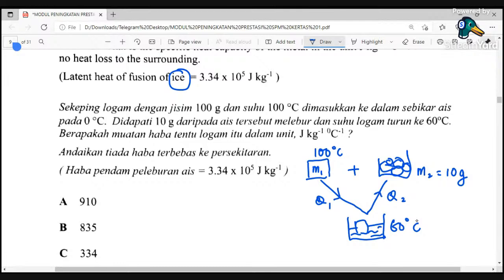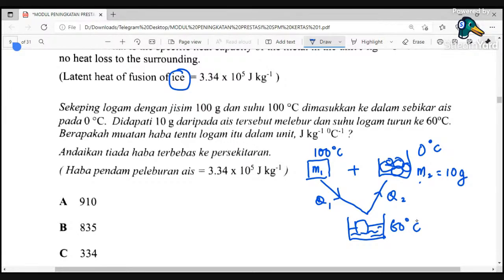Okay, for Q1, there is change in temperature. For Q2, 0 degrees Celsius initially. Okay, so dia ada dua. Di sini ya, dia ada dua. Increase the temperature and then melted. So Q2 ada dua jenis heat.